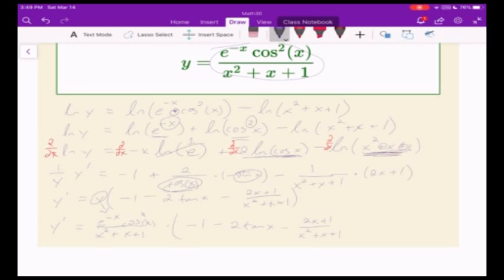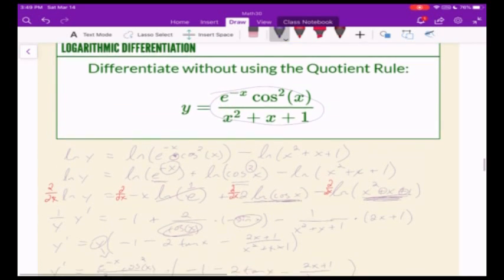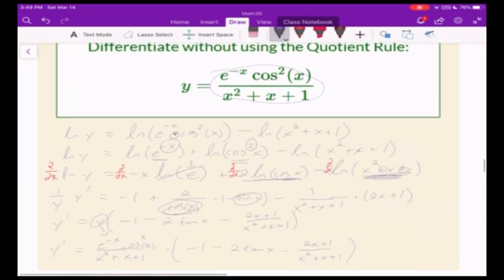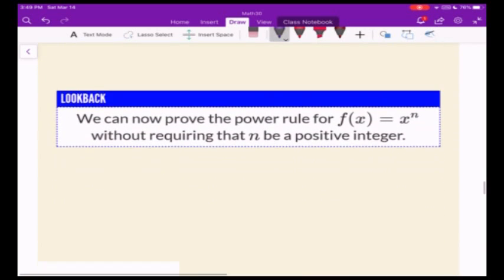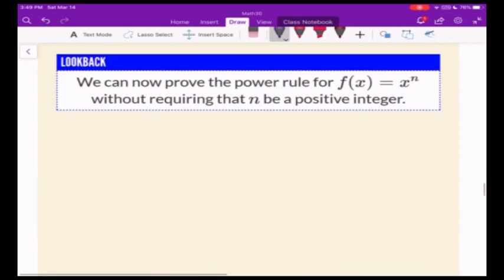So this was just replacing y, and everything else is going to stay the same: 2 tan x minus 2x plus 1 over x squared plus x plus 1. Leave it like that. Don't try to simplify these log differentiation problems. It can get to be a mess.